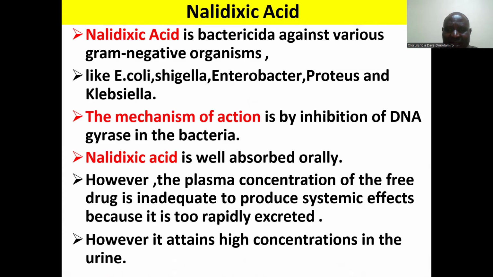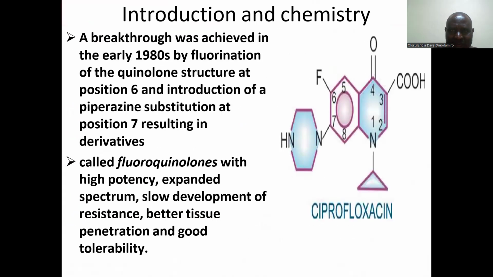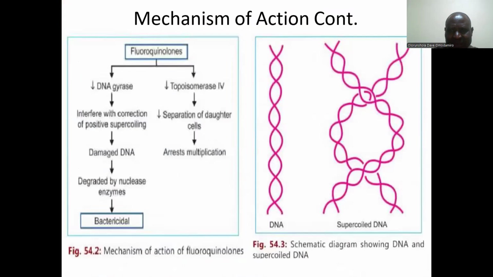And once this enzyme is inhibited, fragmented DNA will be produced, which automatically will lead to the death of the microorganism. So this is the mechanism of action by which this antibiotic exhibits its action.